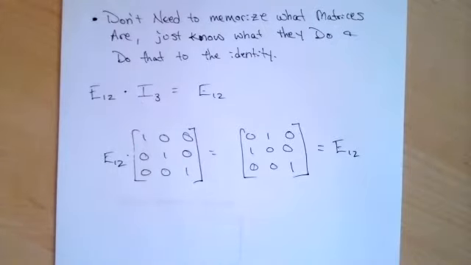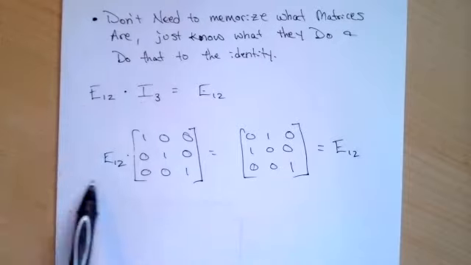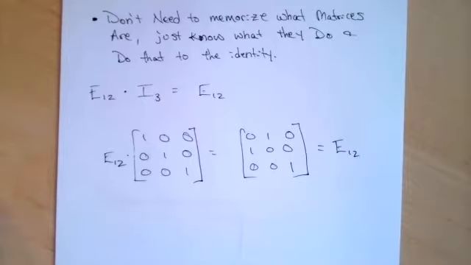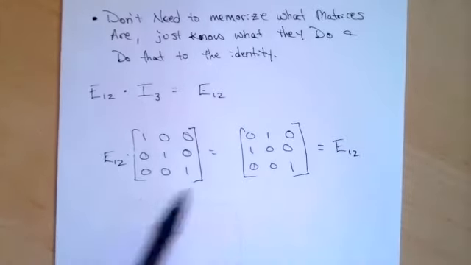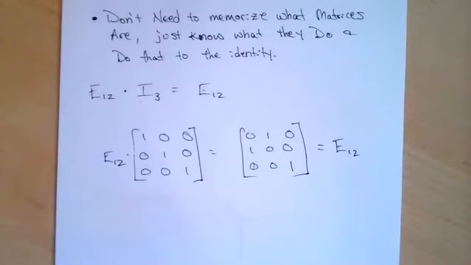Think of it as a transformation or as an operation, which we'll get into more in the coming weeks. So we can have an explicit matrix form of the transformation, or we can know what the transformation does and then deduce the matrix form of that transformation via acting on the identity.